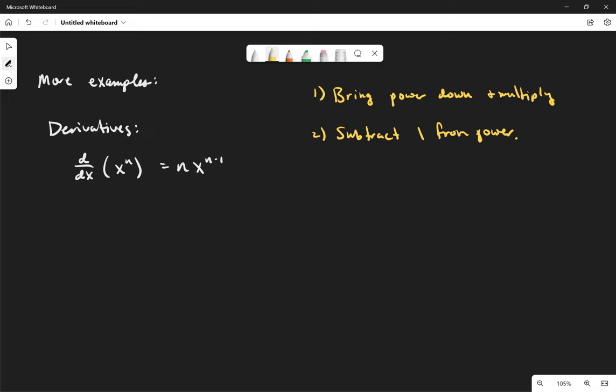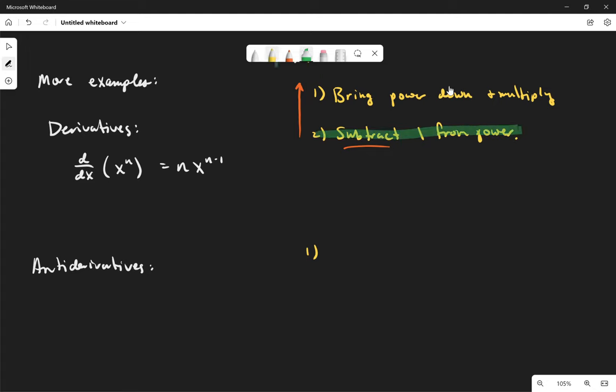So for antiderivatives, you just have to do the opposite. It's a little weird, but you have to do these steps in reverse, and you also have to do the opposite of them. So you do them backwards and you do the opposite.